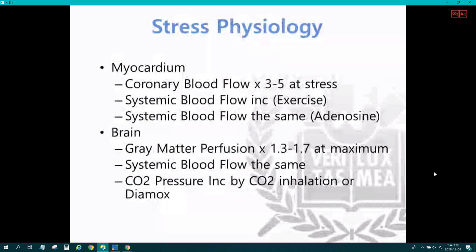Why? Because your maximal heart rate is 220 minus your age. So my maximal heart rate at peak exercise is 220 minus my age. It's just 2 times. So that's the reason why.